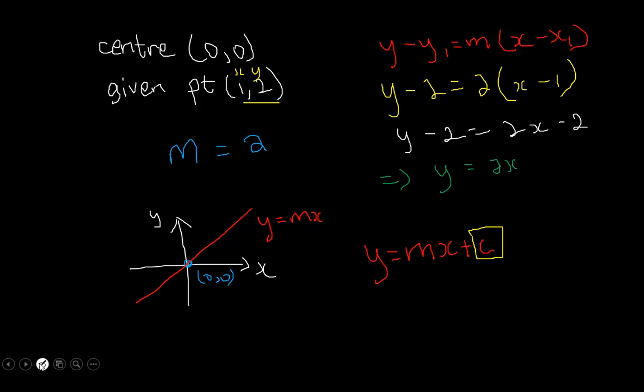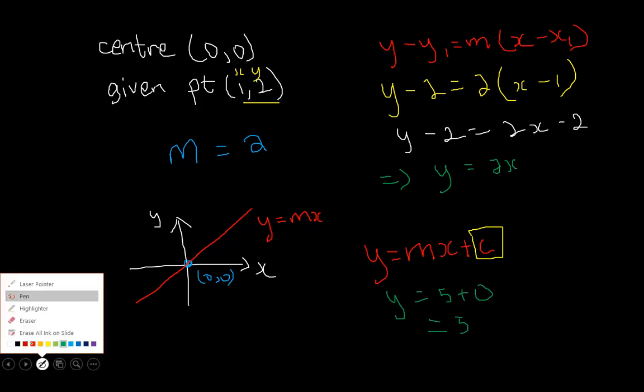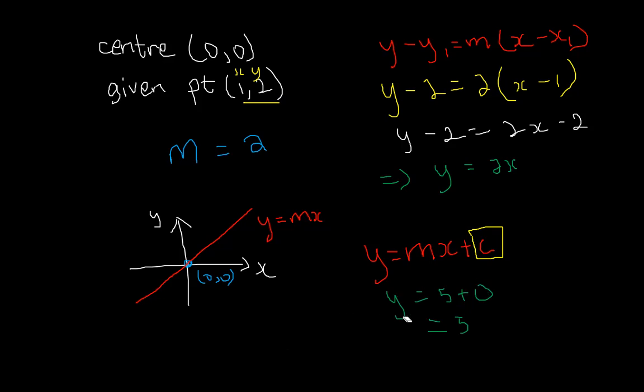But if something is equal to 0, like if I had y is equal to 5 plus 0, we know that 5 plus 0 is 5. So there's no need to put plus 0. So that's why there's no need to put plus c. And when the line passes through the origin, which has the coordinate 0, 0, it is only in the form y is equal to mx.